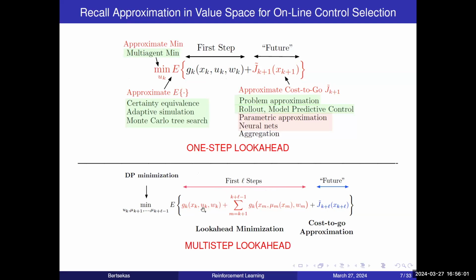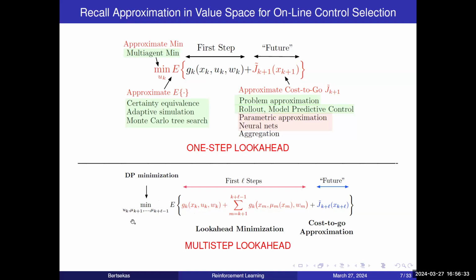Apart from one-step lookahead, there is also multi-step lookahead, whereby instead of optimizing only the current control u_k, we also optimize the subsequent L-1 stage policies. Note that there is a big difference: for the first step, we optimize u_k, which is the control, and the reason is that we know precisely what our current state is, x_k.